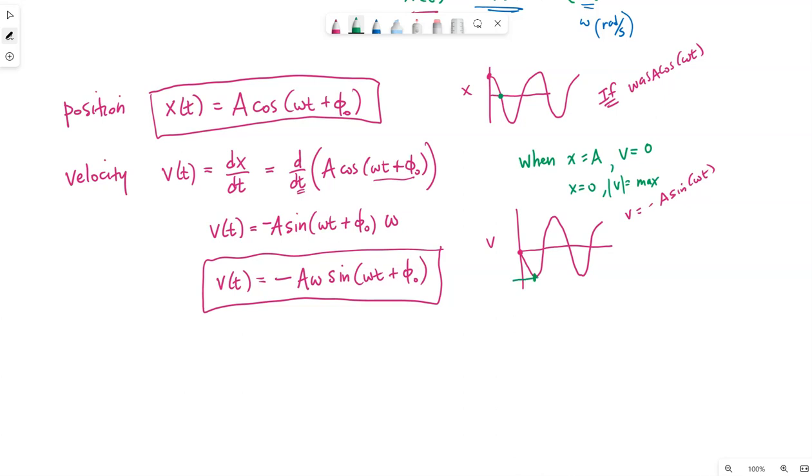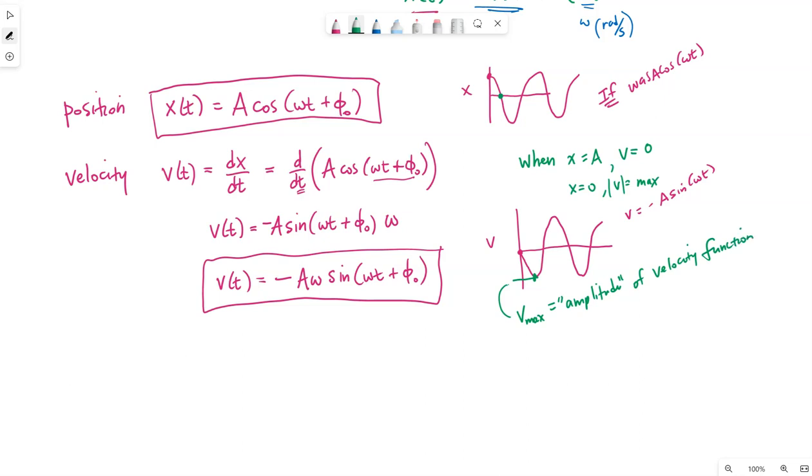This is essentially the amplitude, not A, but when we talk about a sine or cosine function, the amplitude of the velocity function. The maximum value.